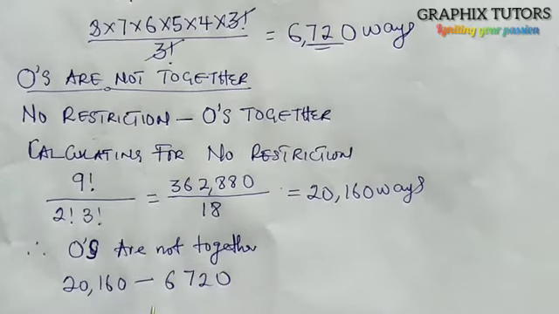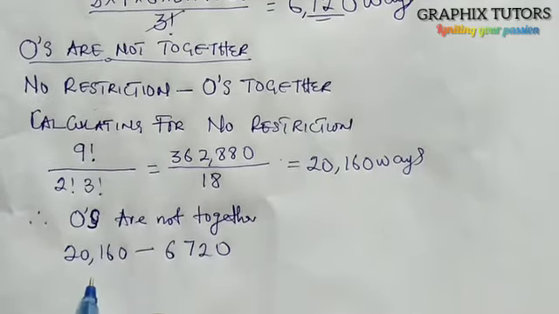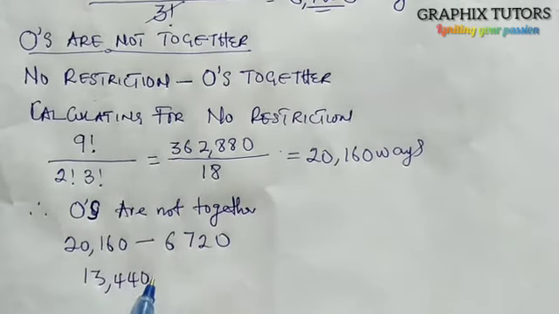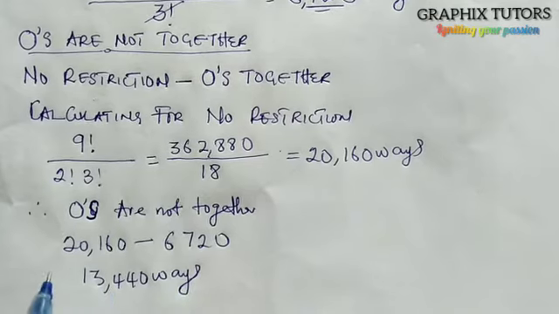So when you subtract it from 6,720, we're going to be having 13,440. So we're having 13,440 ways all together. So this is our value.